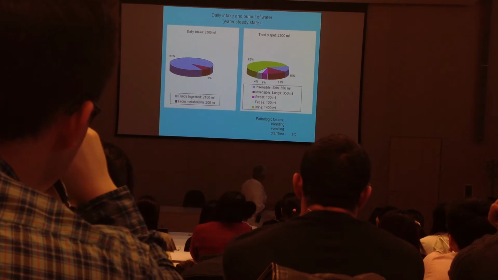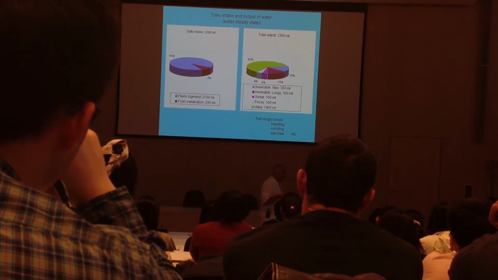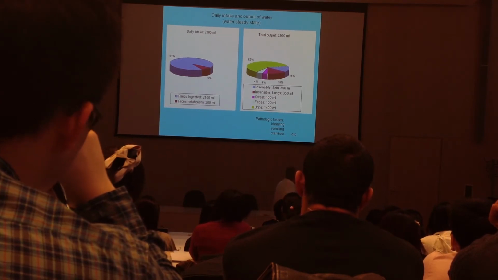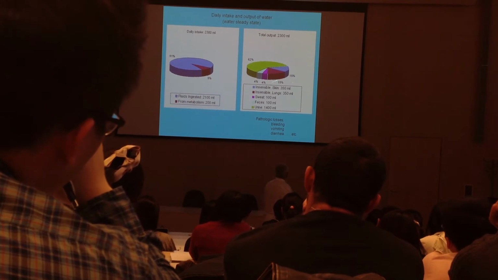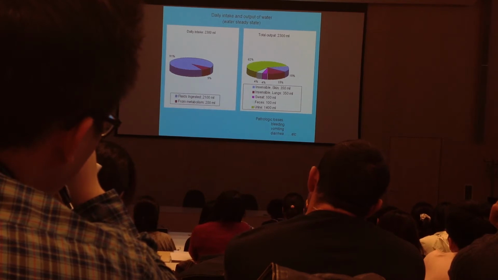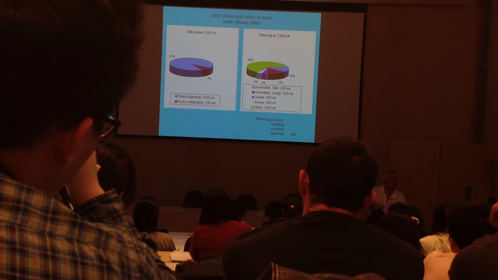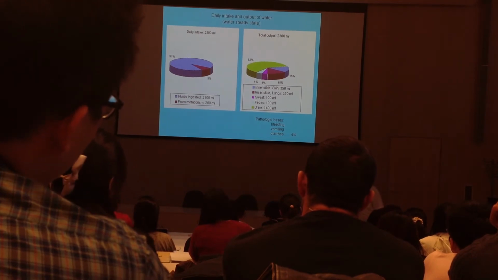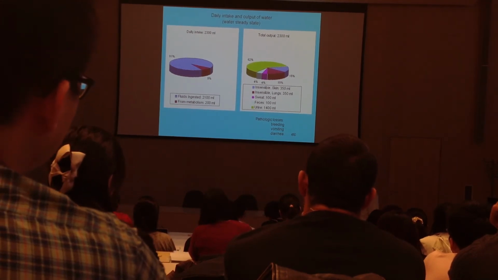However, the evaporation from our skin or lung can also form a route for the water to leave the body, and in this case, a significant amount of water. Altogether, as much as 500 to 700 milliliters of water can leave the body.